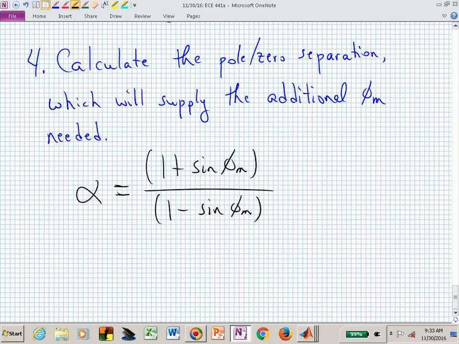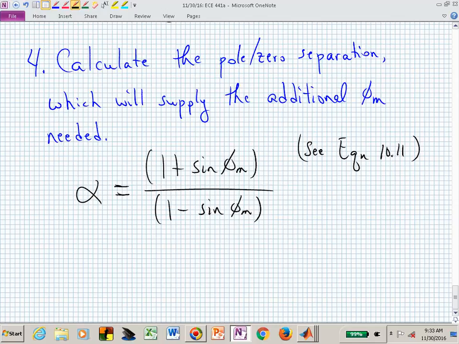And that's actually then derivable from an equation in the book, which is equation 11 in chapter 10. That isn't equation 1011. This is now derived from that. They have a formula for sine of phi sub m in terms of alpha, and I just flipped that around.